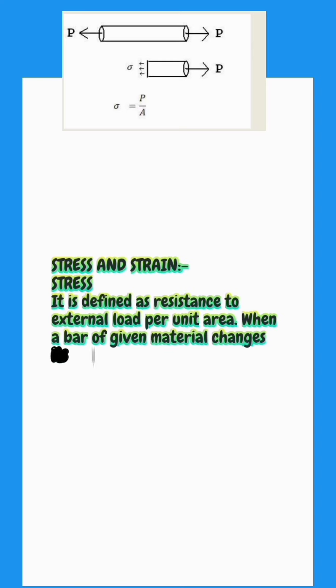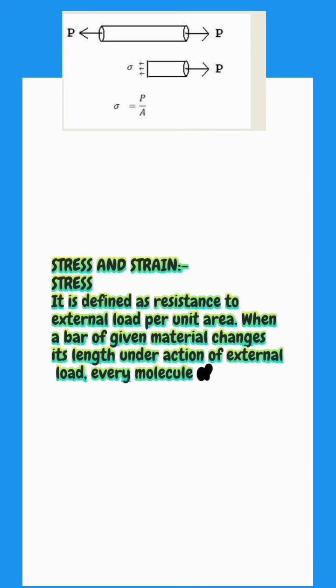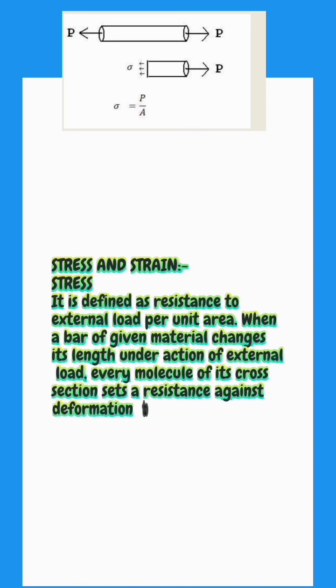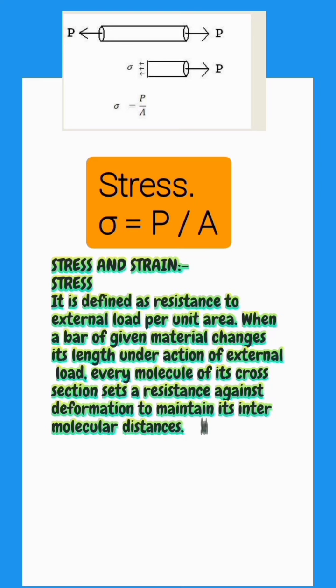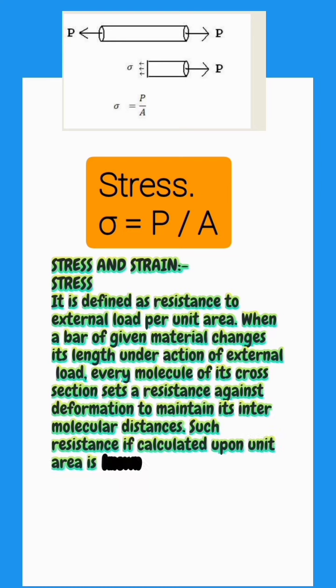When a bar of given material changes its length under action of external load, every molecule of its cross-section sets a resistance against deformations, to maintain its intermolecular distances. Such resistance, if calculated over unit area, is known as stress. Units of stress are megapascal or Newton per mm square, where 1 pascal equals 1 Newton per square meter.